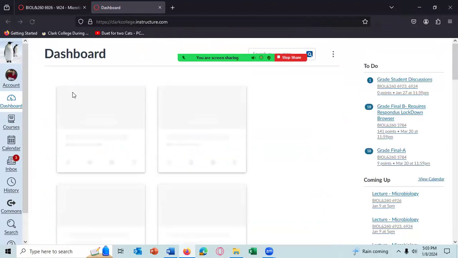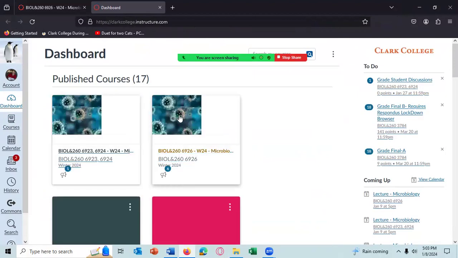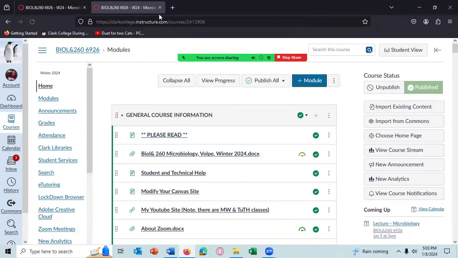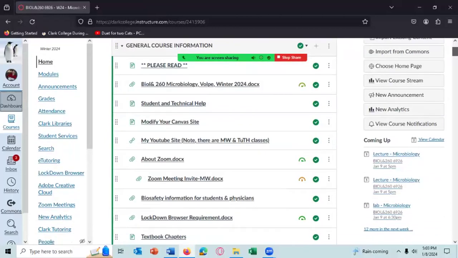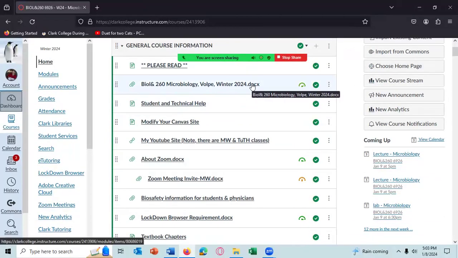And then click on your course. It'll be this one here. And then you'll get this, which I'm going to close because I've already got that open. And then you can scroll down under the general course information. Right there is the syllabus.